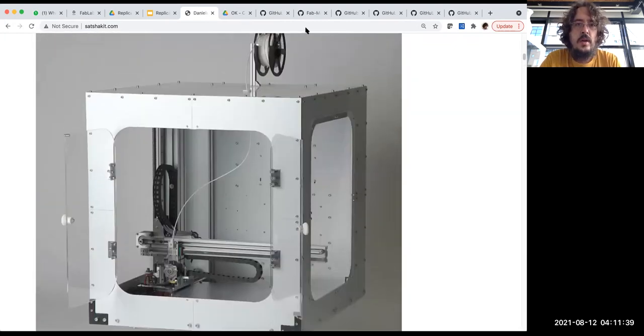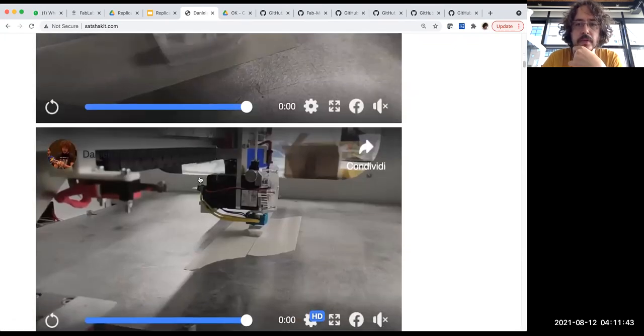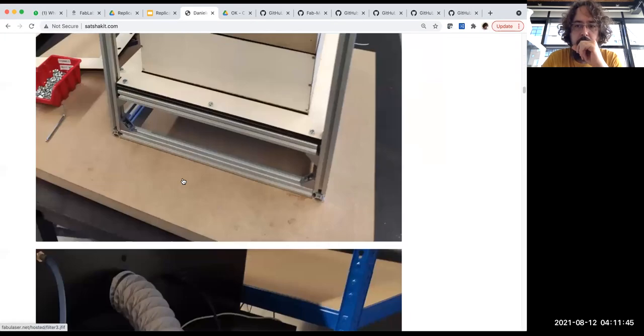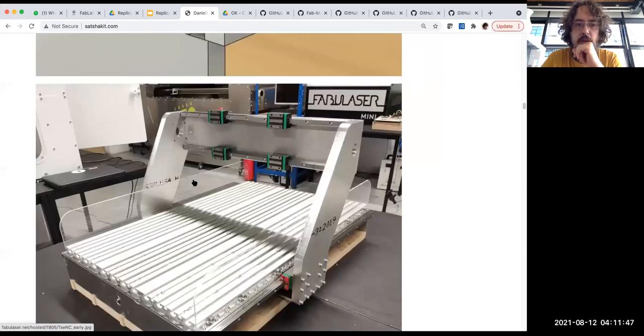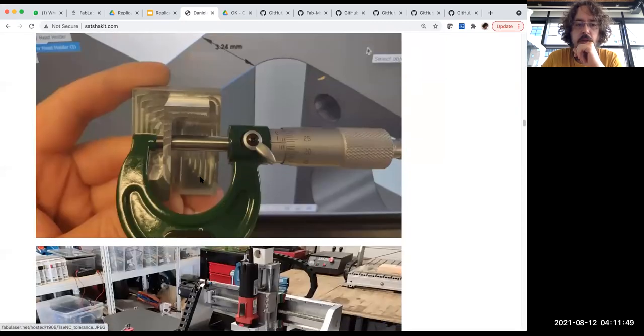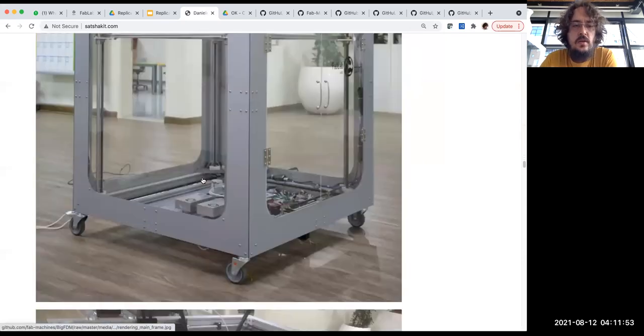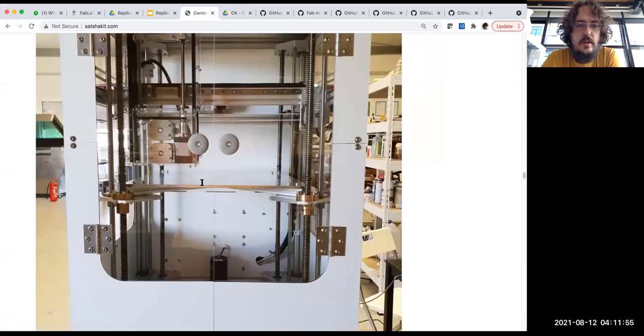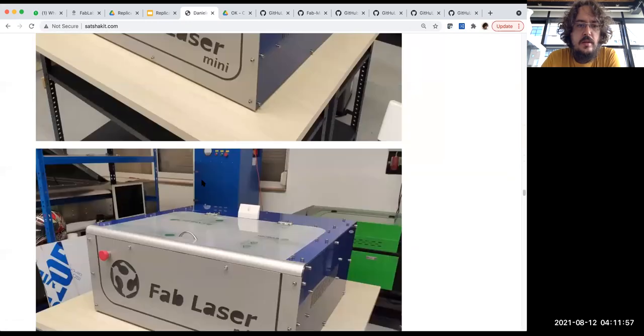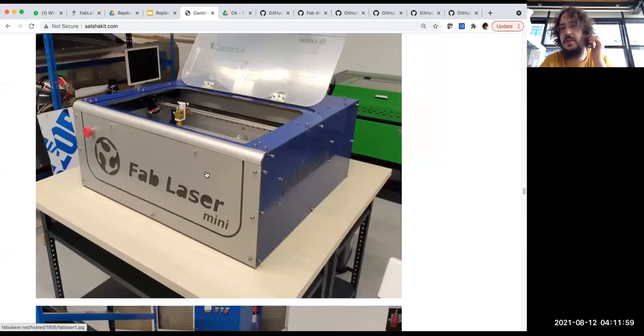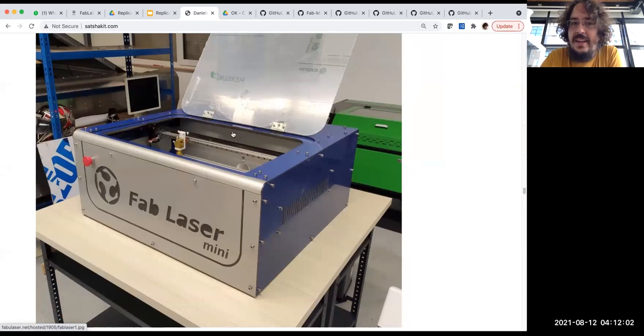All right. So the next machine that I'm going to show you guys is our beloved small laser cutter, which is something that you can also find on this website. This was the first version that we made last year.